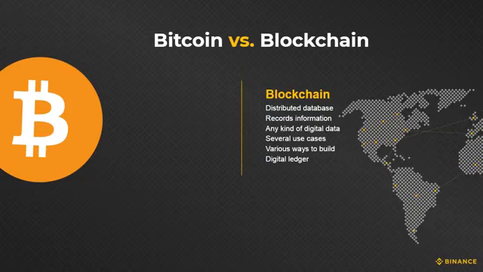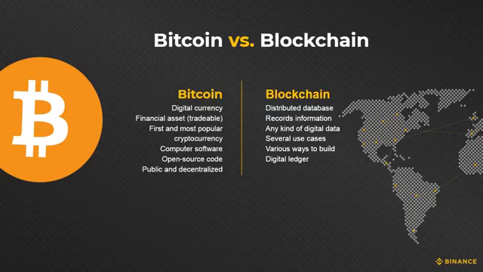It actually saves every transaction done and traces it through its chains of code. So Bitcoin and blockchain: blockchain is not a currency, it's a digital distributed database.